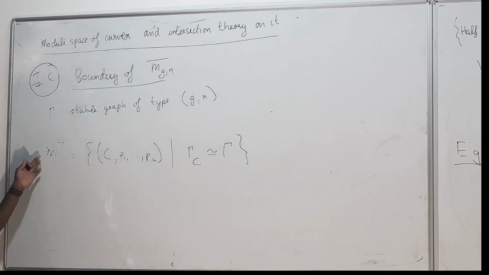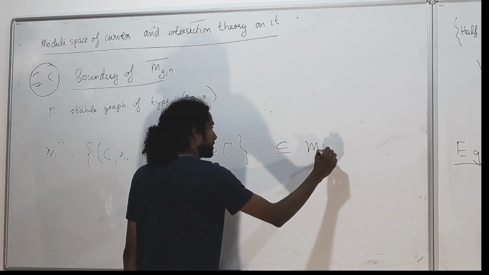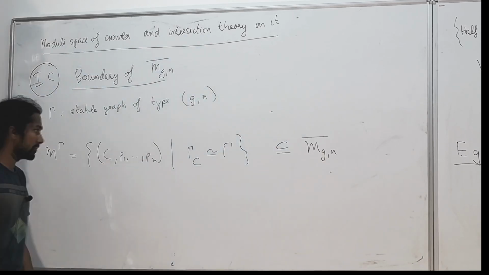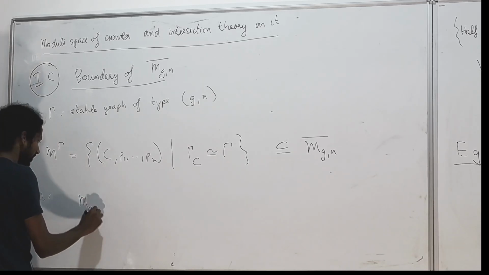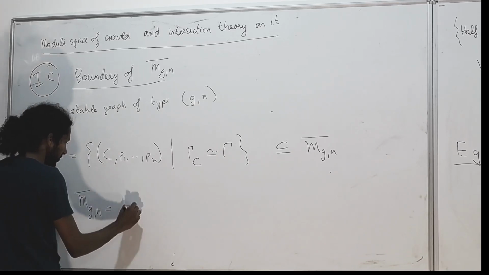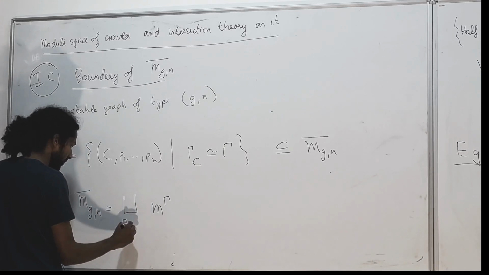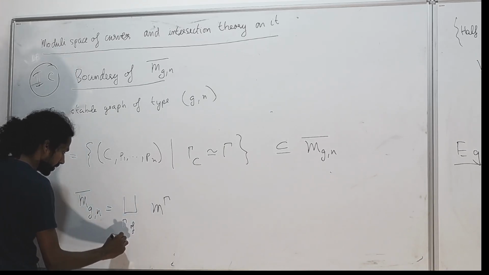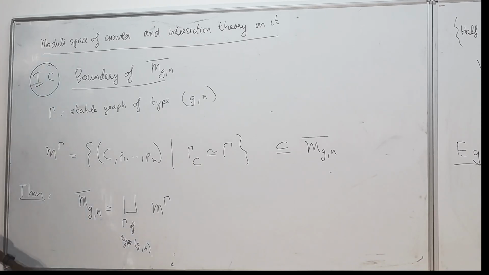So it's all the curves whose dual graph will look like this graph. This is a set inside M_{g,n} bar. And here M_{g,n} bar is just the disjoint union of all of these, where gamma is of type (g,n). And this is called the stratification of the space.